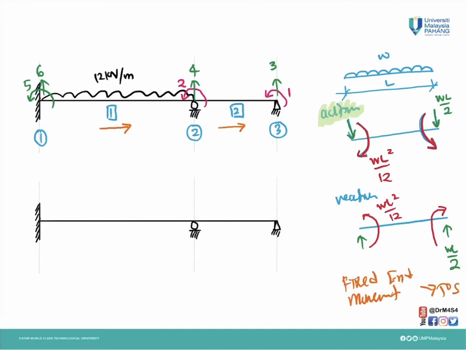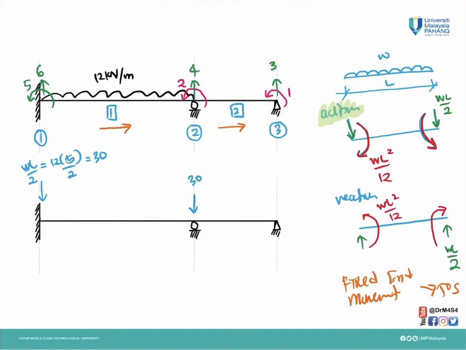For member 1, you're gonna have vertical action, and the formula for that one is WL over 2, and the value for that one is 12. The length for that one is 5 meter divided by 2. So we have 30 on that side, and also we have action load 30 as well.